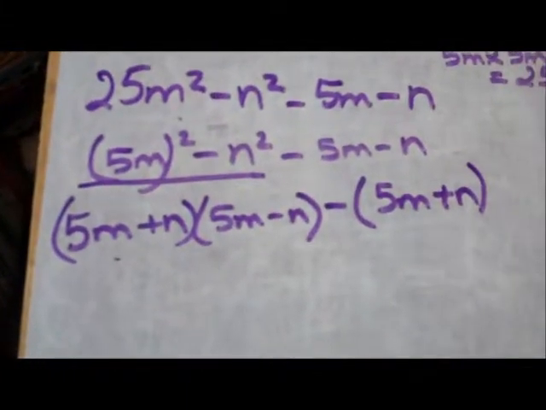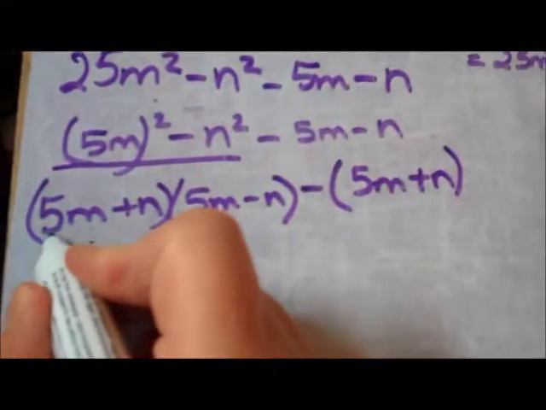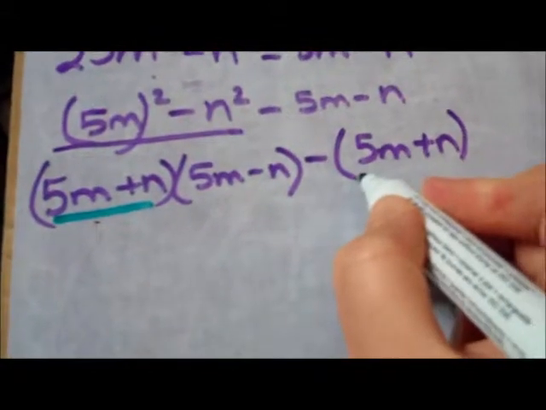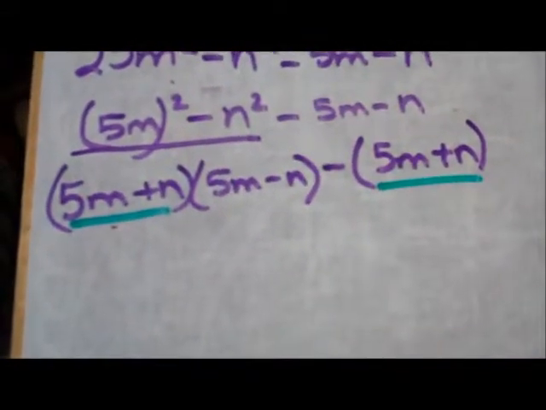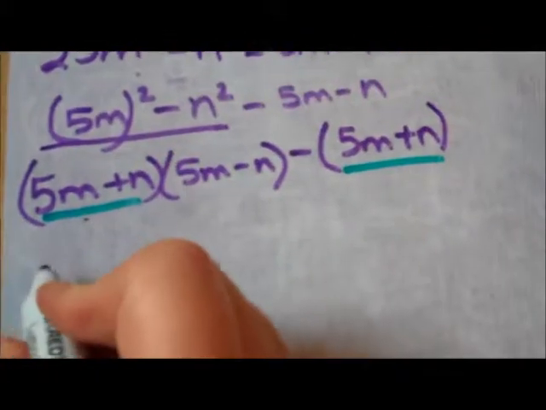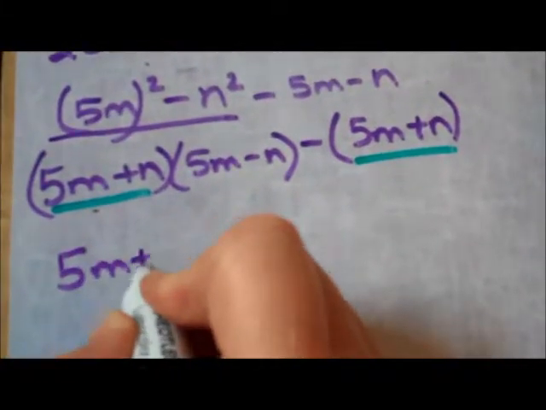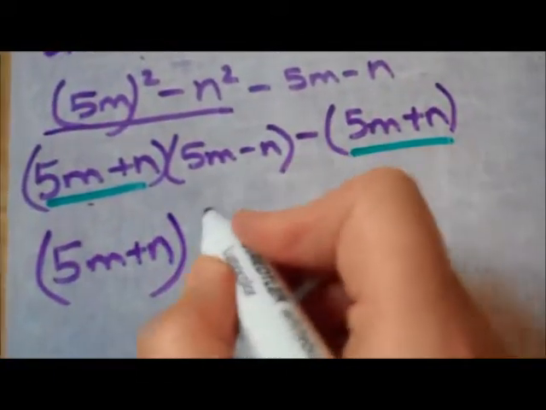Now we can have a look and see what there is as a common factor. This one, this one. So let's take that out as a common factor, 5m plus n.